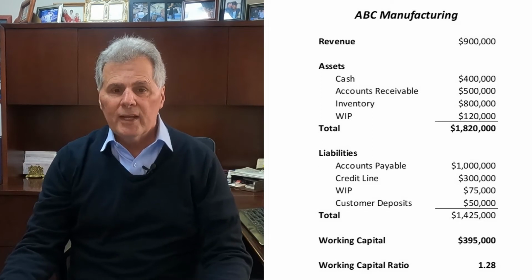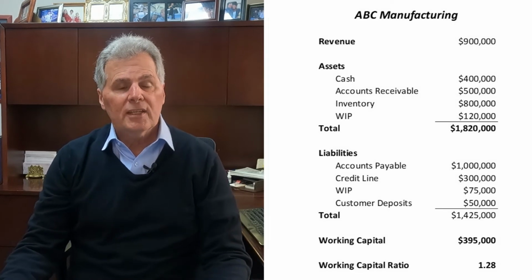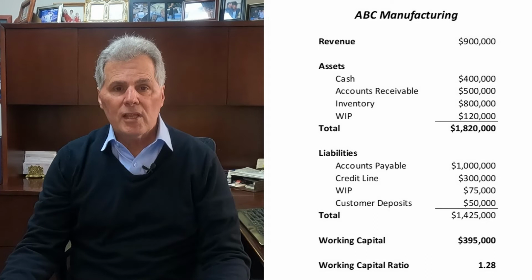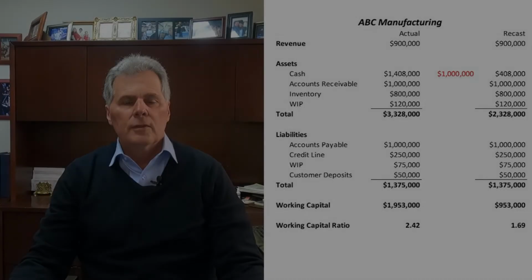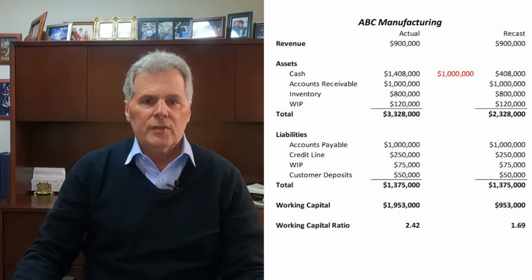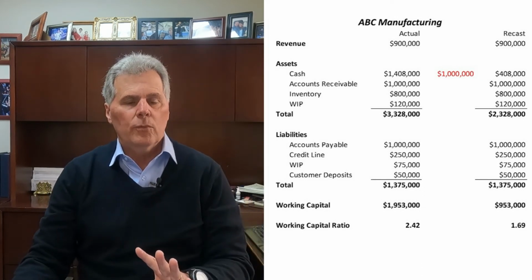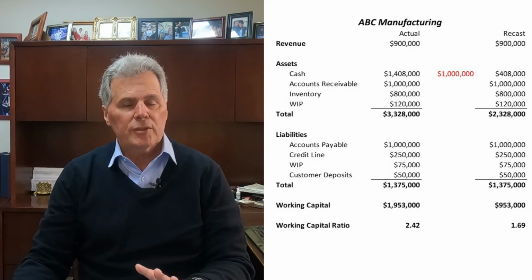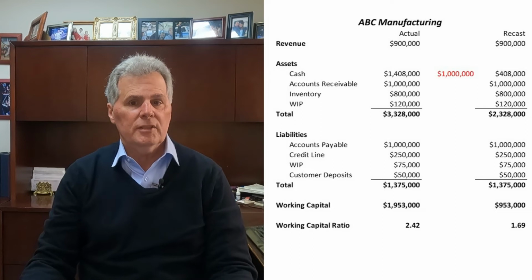So in this next section, we're going to talk about why it matters to you as a seller and a buyer. So why it matters. In this slide, you can take a look at what we've done when we position a business for sale as far as a recast on the balance sheet.